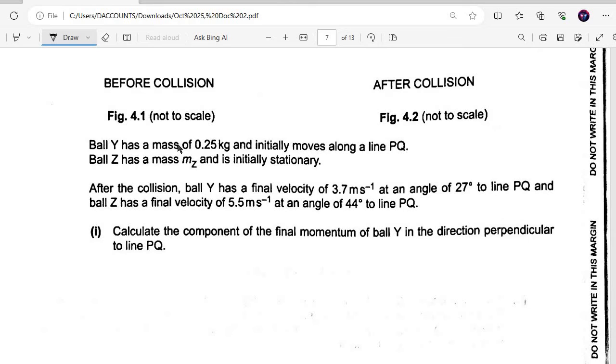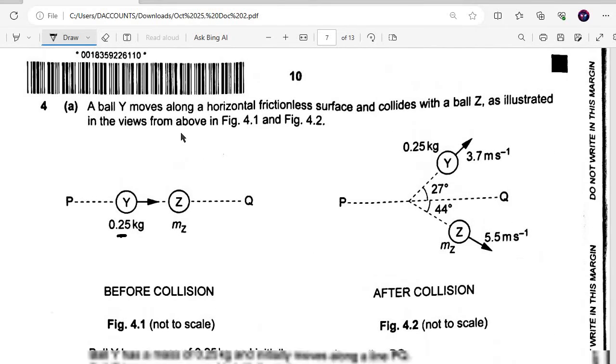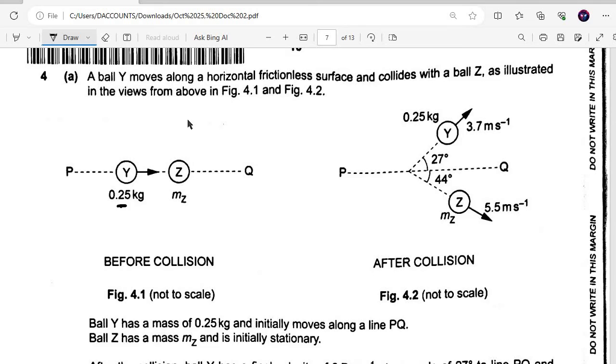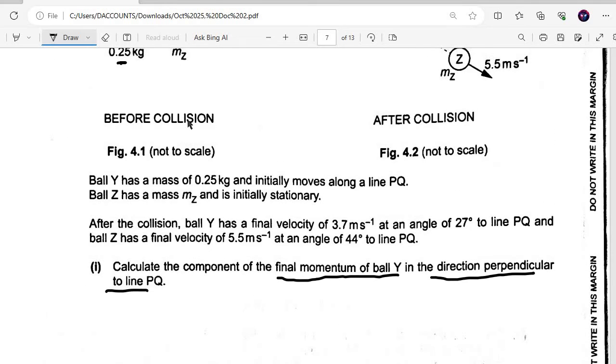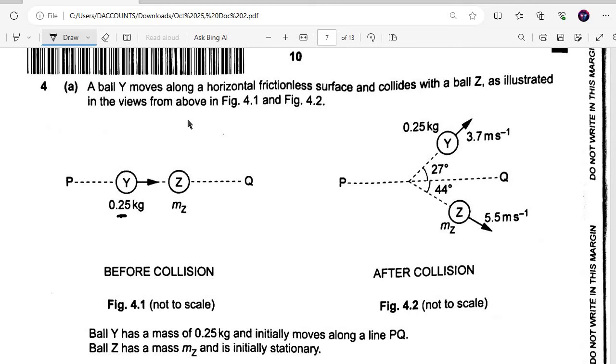Calculate the component of the final momentum of ball Y in a direction perpendicular to PQ. This is ball Y, this is PQ, and perpendicular to PQ is the vertical direction.